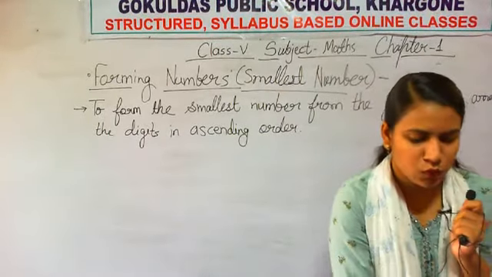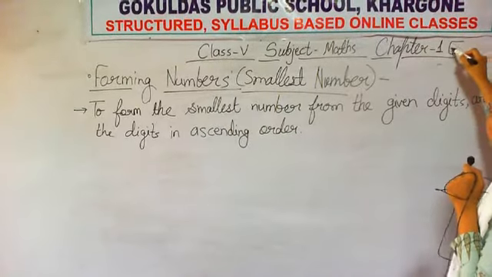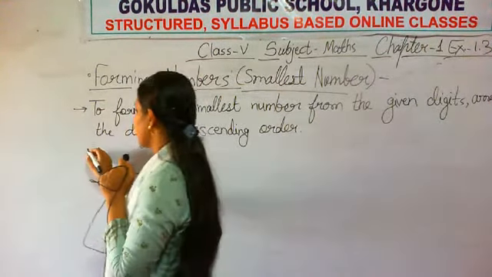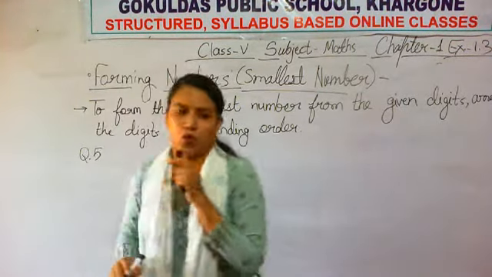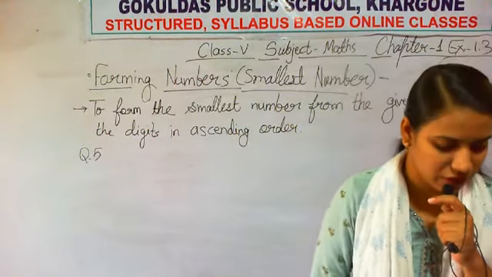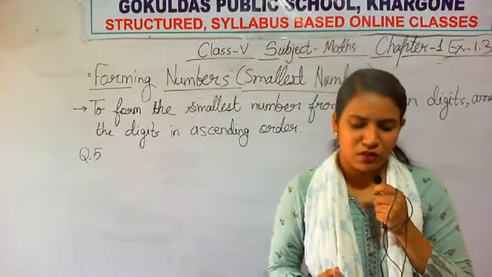Okay, so let's do question number 5. Exercise 1.3, question number 5. Open page number 8, question number 5, exercise 1.3. Form the smallest 7-digit numbers using the following digits.